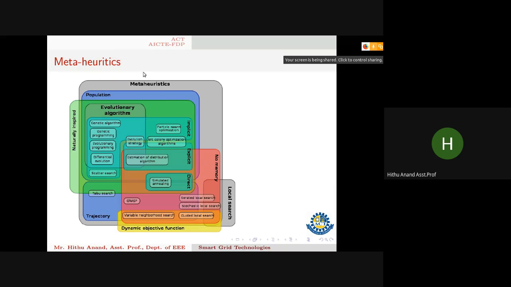Metaheuristics include all these nature inspired algorithms such as particle swarm optimization and ant colony, and it is nicely classified into evolutionary algorithms such as genetic algorithm, genetic programming, evolutionary programming, and differential evolution.